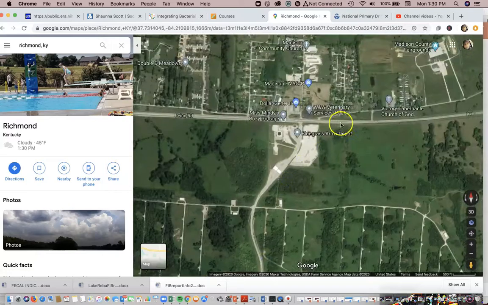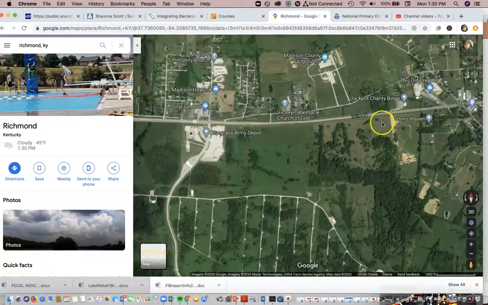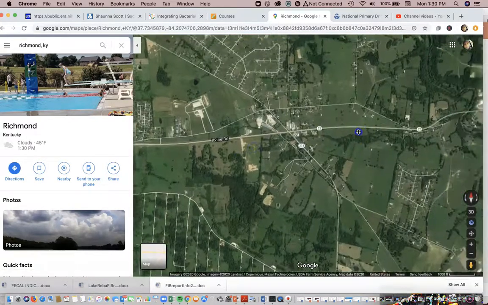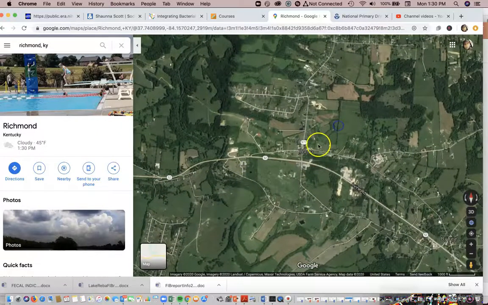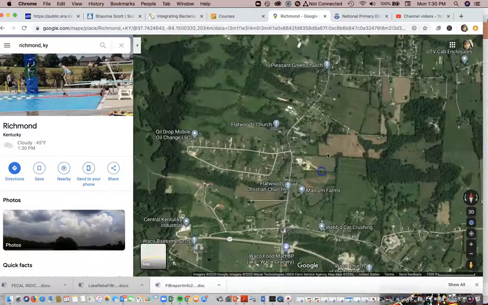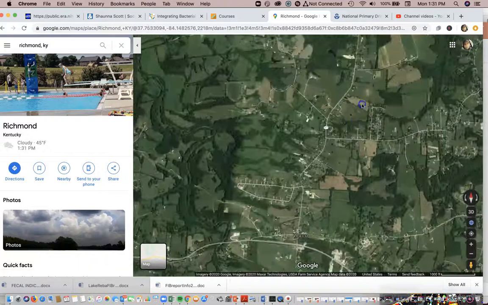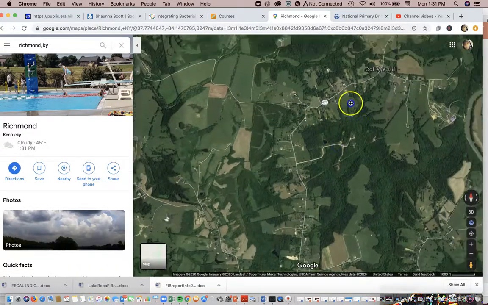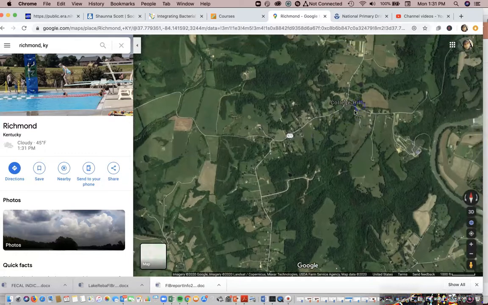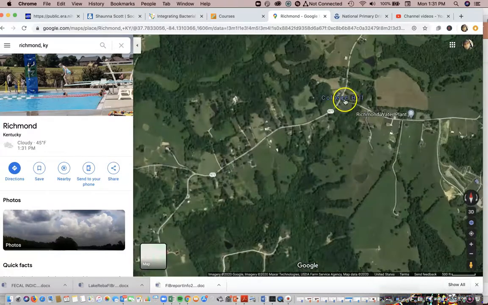But anyways, if you were to head past the Bluegrass Army Depot and keep heading to Waco and turn north on this particular road, that road may be called 977, but it may be called Bend Road. And you head all the way to this town of College Hill, and it's not really a town.